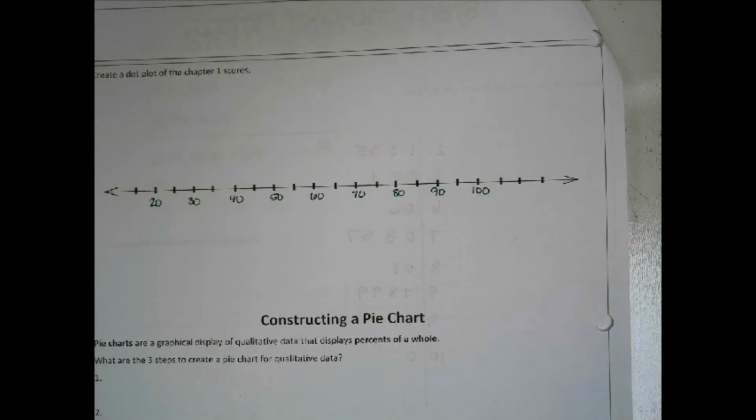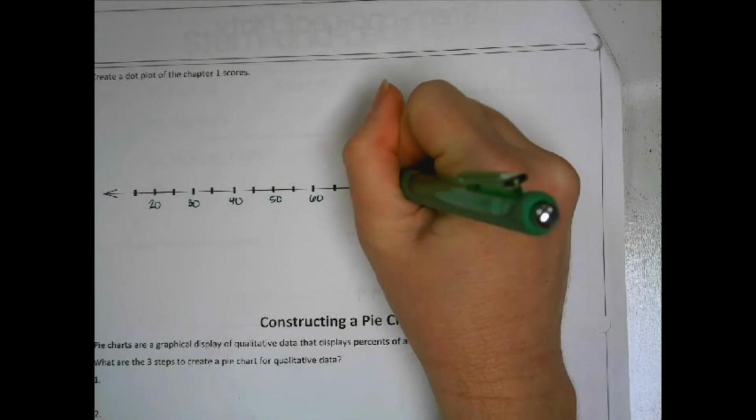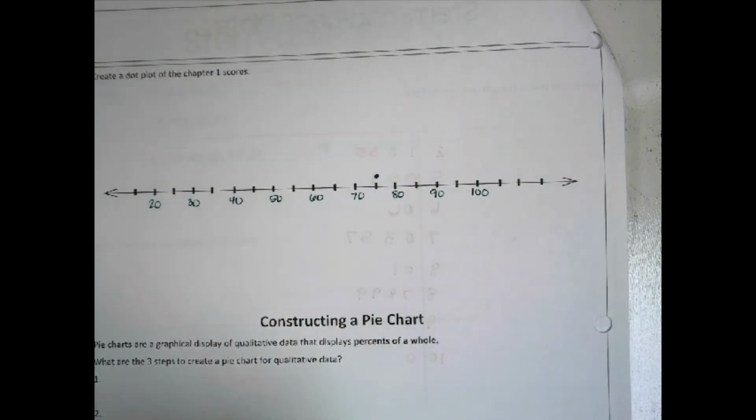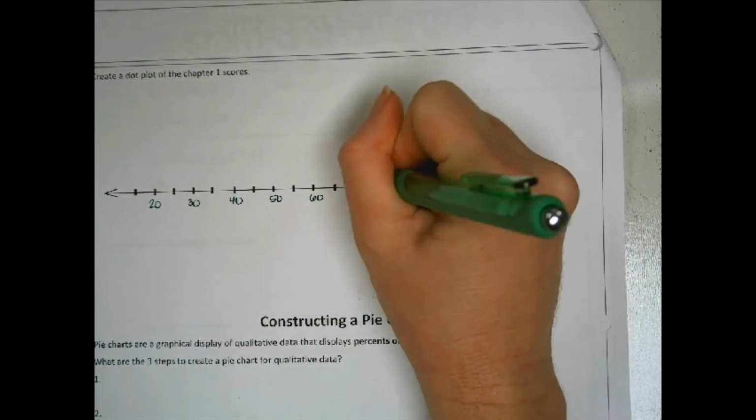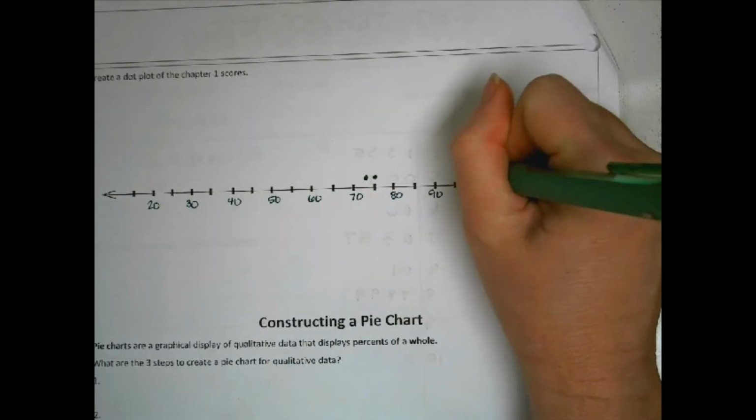All right, so we're using our same data, and you're just going to put a dot or an X above that data value, and they go up. My first data value is 75, so you can put a dot right at 75. My next data value is 73, so literally a dot right there next to it. And there's one at 100.